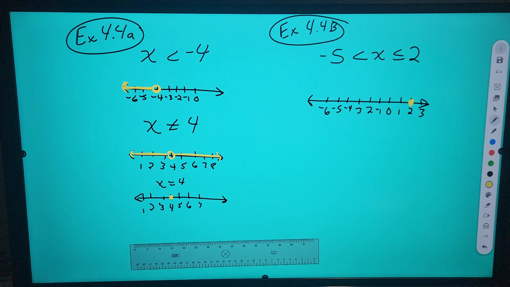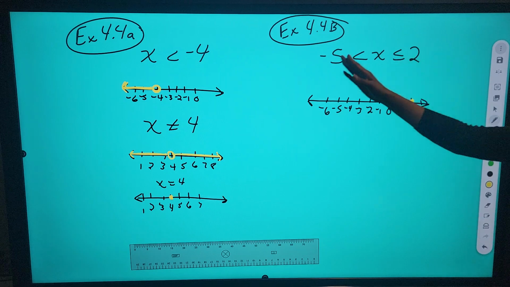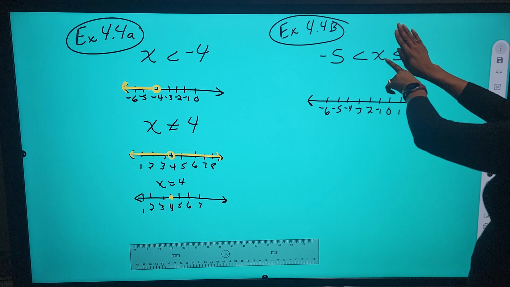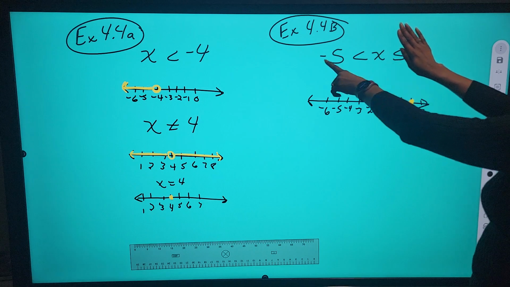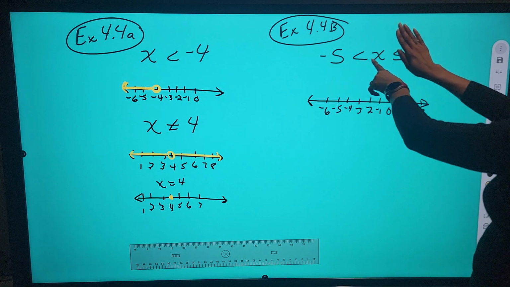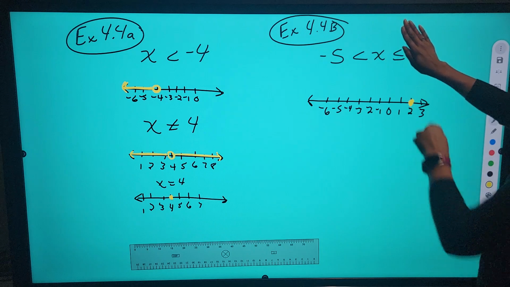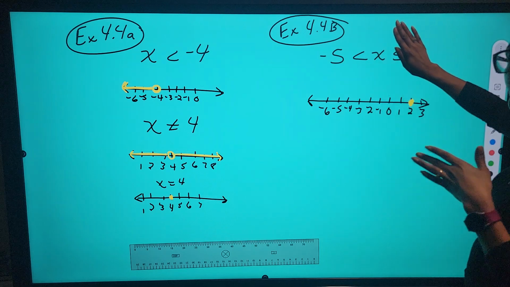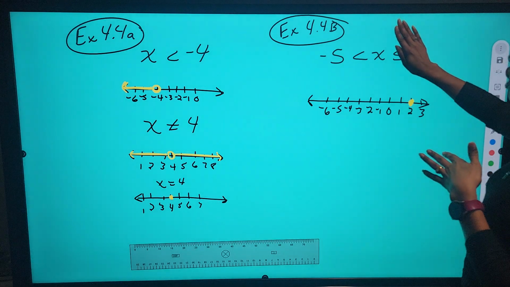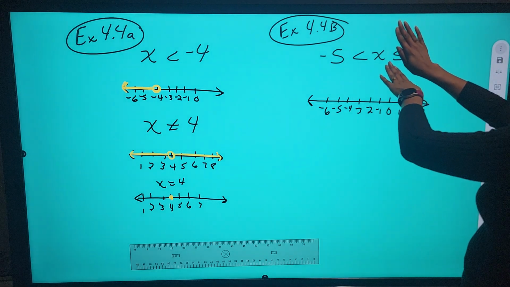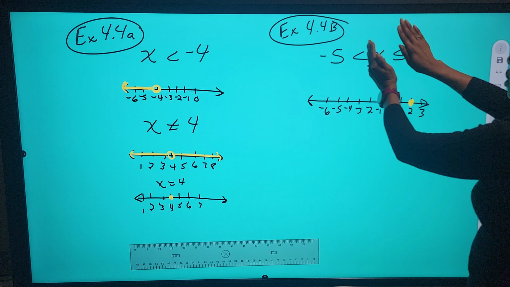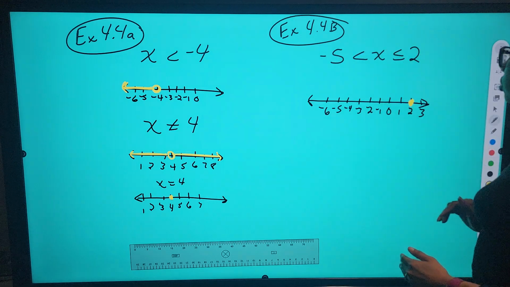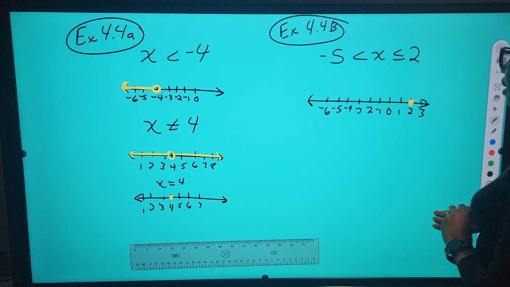Once I have that, I'm now going to look at the other direction and kind of read it backwards. It's basically saying that -5 is smaller than what x could be, or x has to be bigger than -5. Okay, whichever makes more sense for you as you look at this. But basically we're saying that x could be as small as -5 or up to and including 2, right?